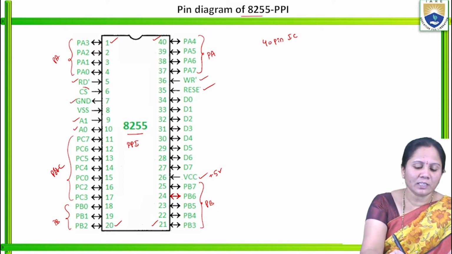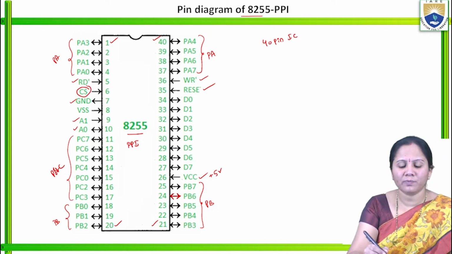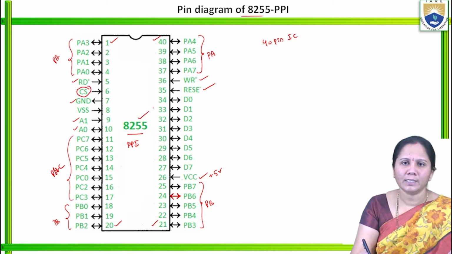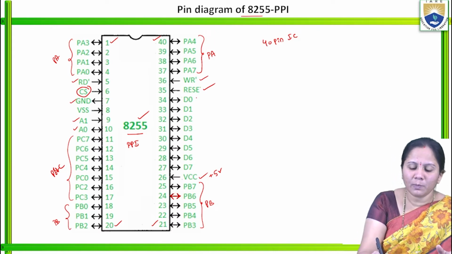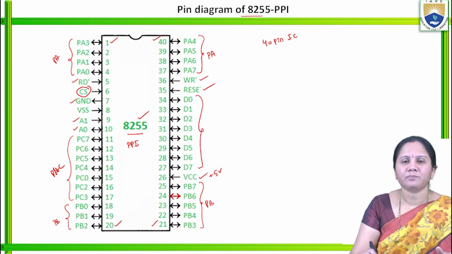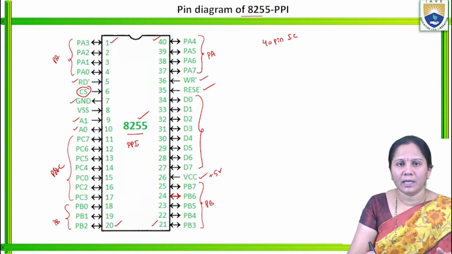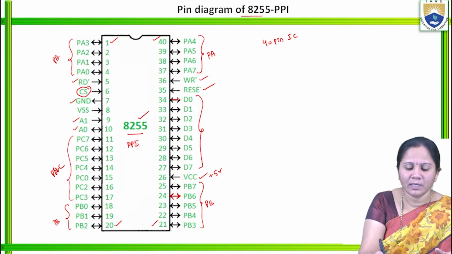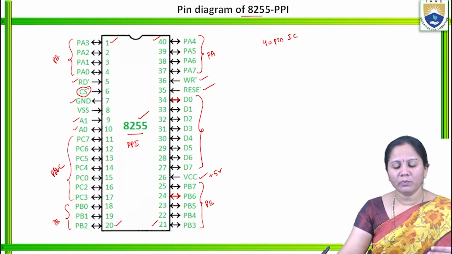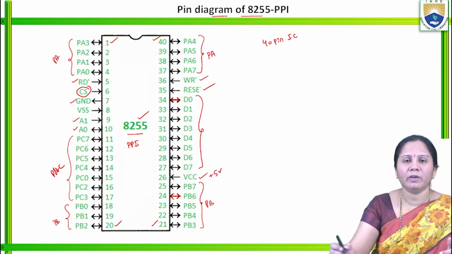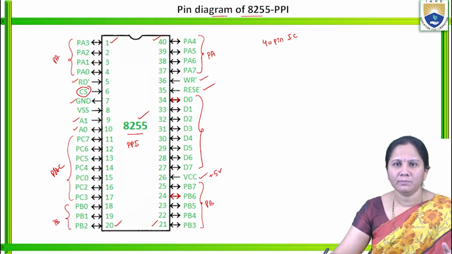This is CS, which is called chip select. It is used for selecting this 8255 IC. In order to send information from 8255 to the 8086 microprocessor, it is possible with the help of these 8 data lines. It is a data bus, that is why it is bidirectional. Now we will discuss all these 40 pins of the 8255 IC in detail.